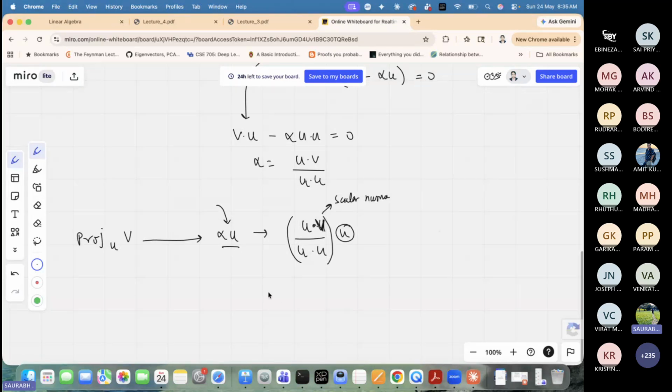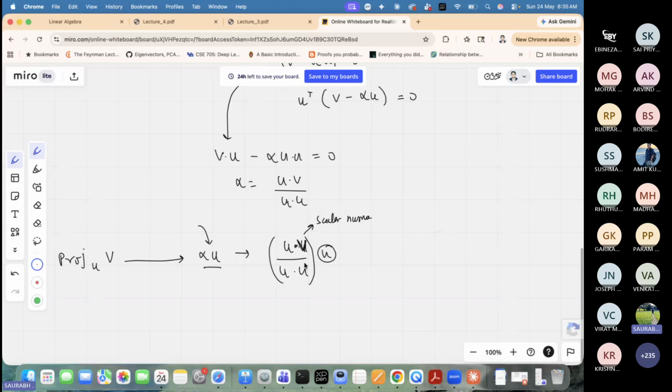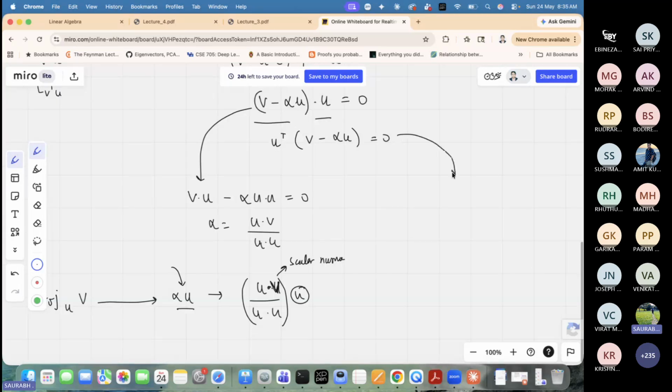Now you can also write it in the other form when you expand the second equation, which is u transpose v minus alpha u transpose u equals 0. And you can write it as alpha equals u transpose v by u transpose u, or you can write alpha u equals u transpose v by u transpose u, into u, right?